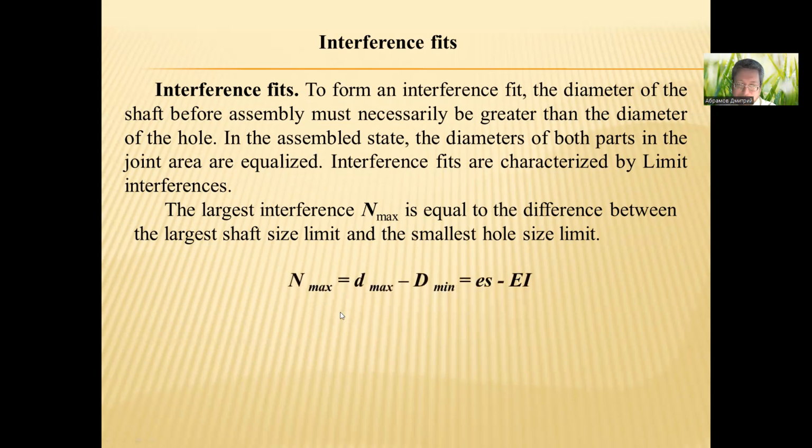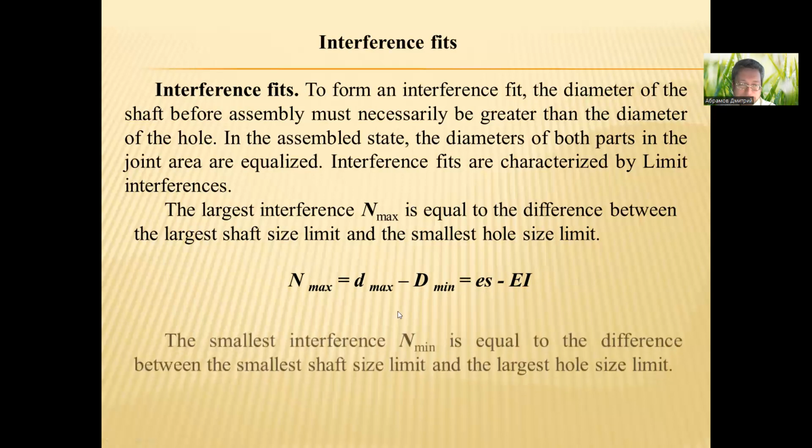And we have the formula to calculate the largest interference. N maximum is equal to small d maximum, the maximum diameter of the shaft, minus the minimum diameter of the hole, big D minimum. And it's equal to the upper limit deviation of the shaft minus the lower limit deviation of the hole.